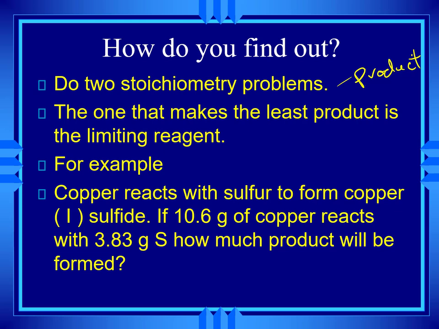This is different than all the problems we've done before because they told you about two different reactants, copper and sulfur. Just like the bicycle example, they told you how many pieces you started with.